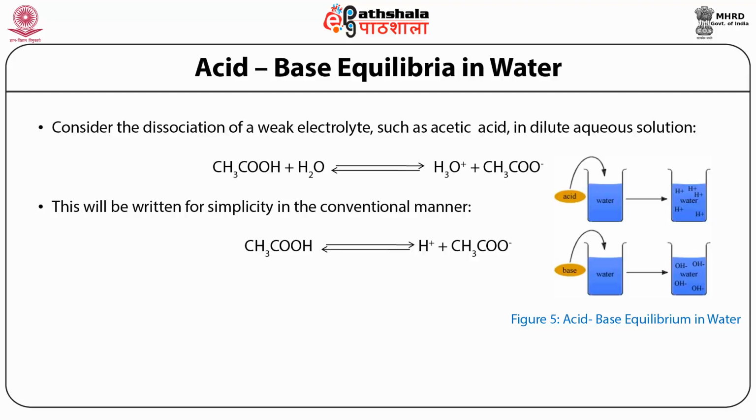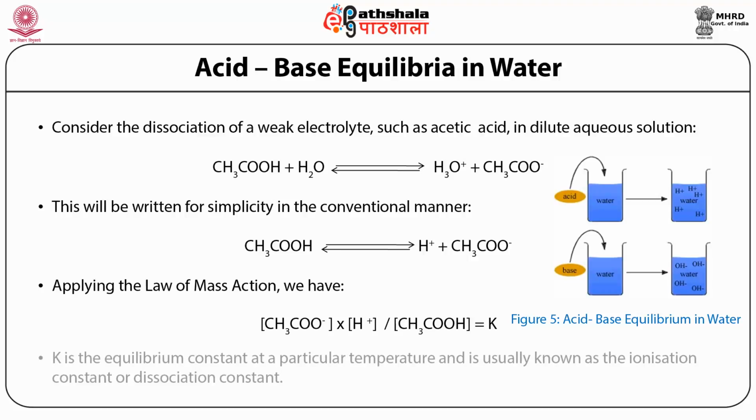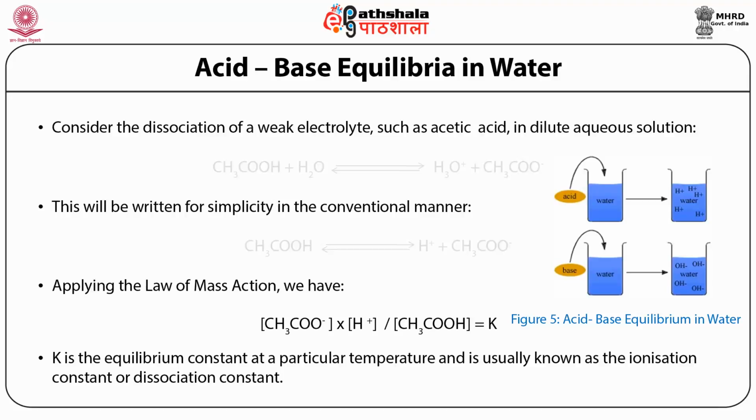The H⁺ represents the hydrated hydrogen ion. Applying the law of mass action, we have [CH3COO⁻][H⁺]/[CH3COOH] = Ka. K is the equilibrium constant at a particular temperature and is usually known as the ionization constant or dissociation constant.